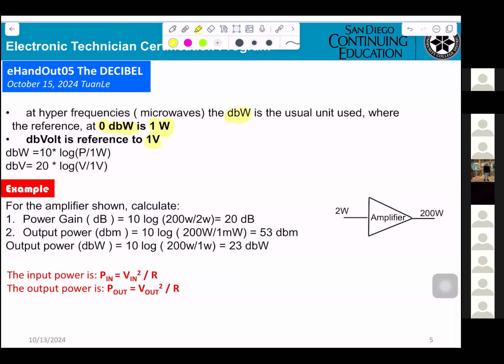Okay, dB watt, this is the formula. dB watt equals 10 times log of P over 1 watt, and dB volt equals 20 times log of voltage over 1 volt. Example.